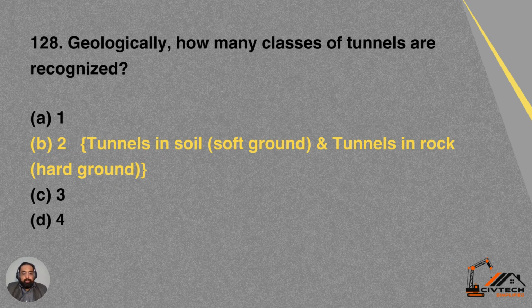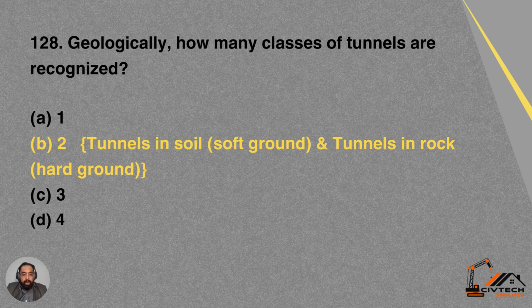Question 128. Geologically, how many classes of tunnels are recognized? Option A is 1, option B 2, option C 3, and option D is 4. So geologically, there are two types or classes of tunnels, and we have put the answer to this question as well.